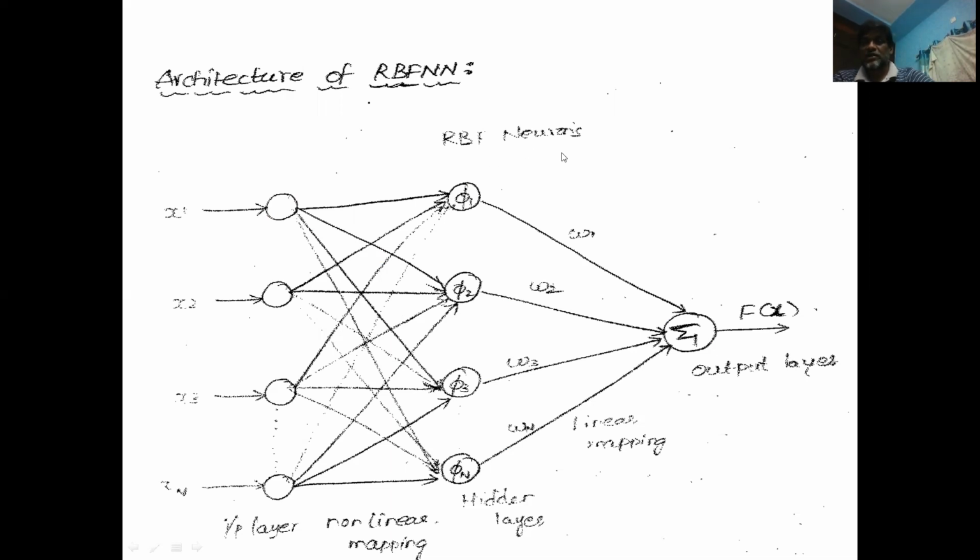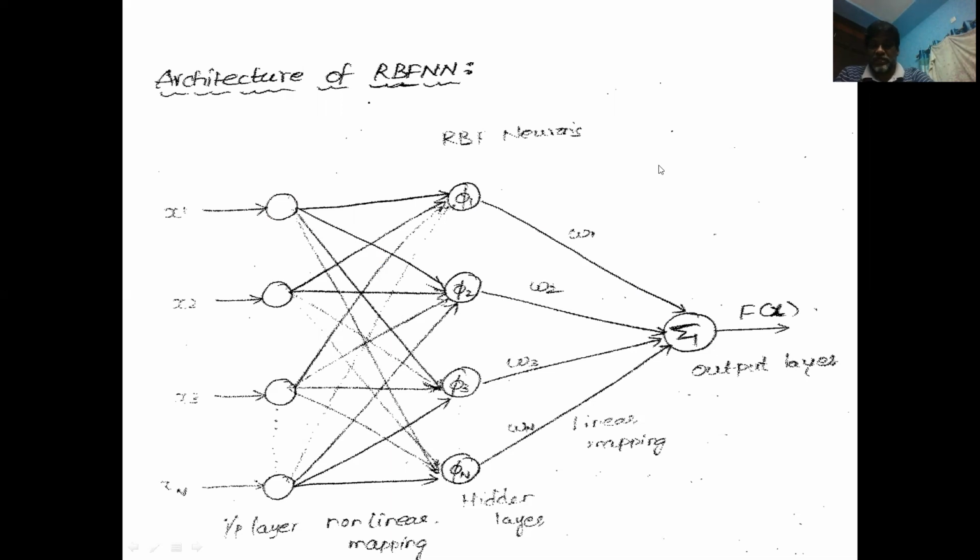We'll see that in a while. And then once the input space is converted into hidden space, we can linearly map the hidden space into output space, just like we did in the perceptron neural network.